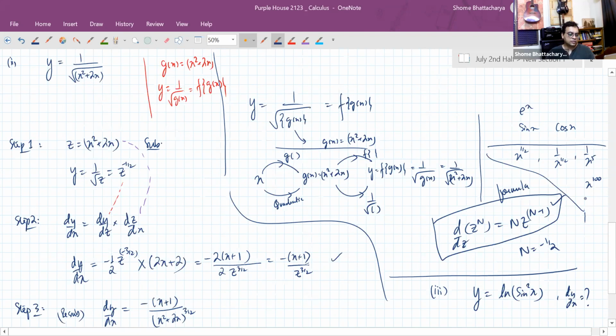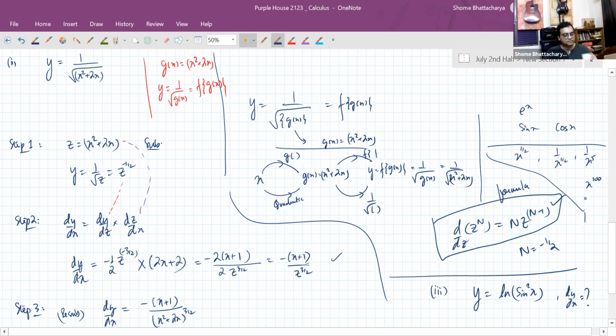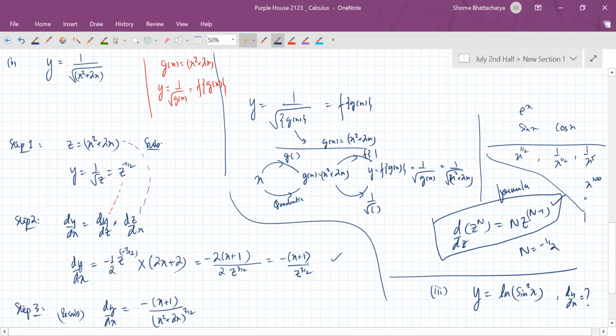This one. Whatever type of function we have, we have to use that formula of differentiation. I can't use the exponential function formula for x to the power half, and I cannot use the formula for x to the power half for sin x. Each function has a type, so it has a particular way of differentiation. Okay, sir. Got it.